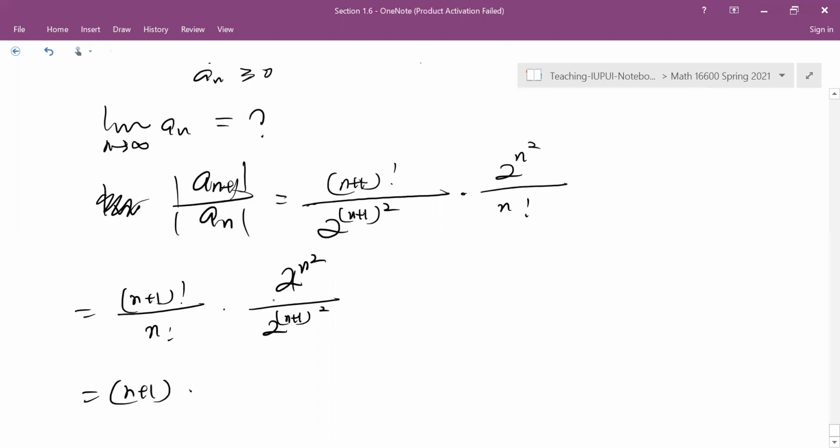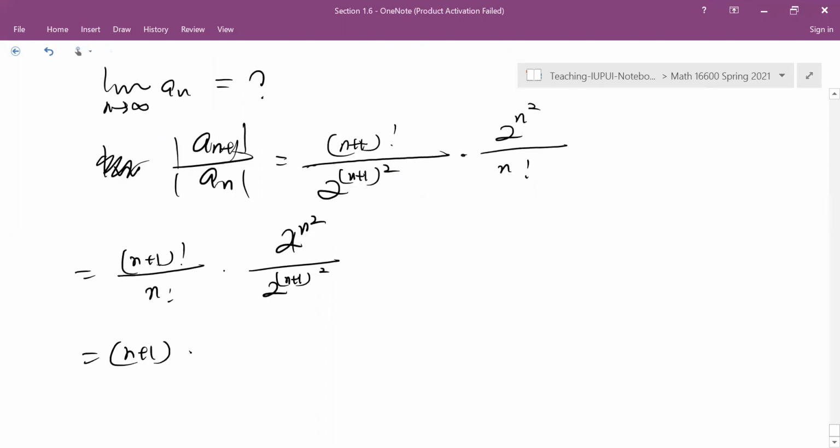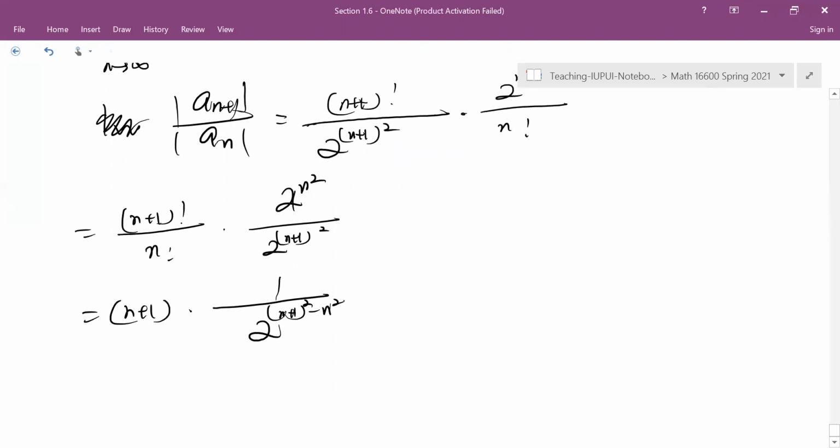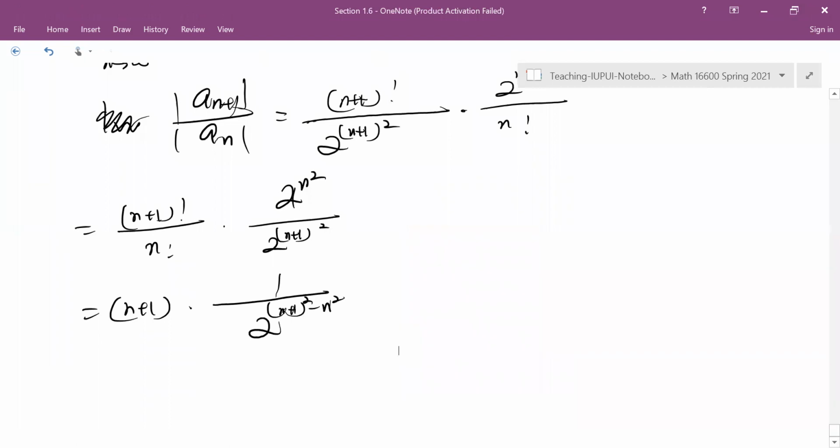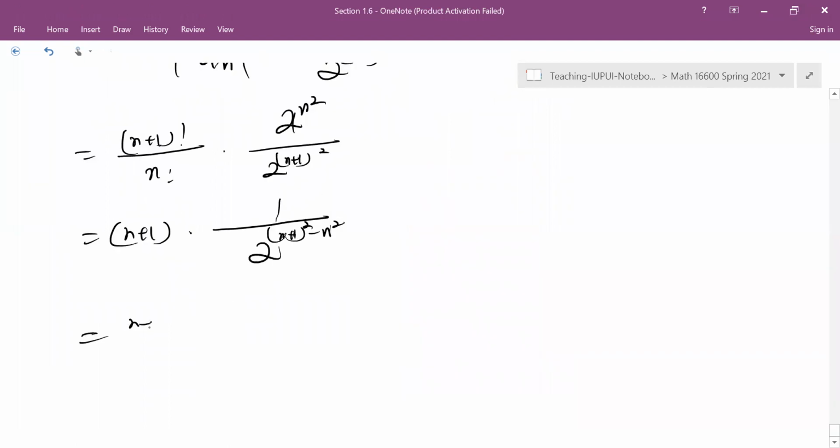How about the exponents here? Well, you can move it to the denominator. So (n+1) squared minus n squared is going to be 2n+1, giving 2 to the 2n+1.